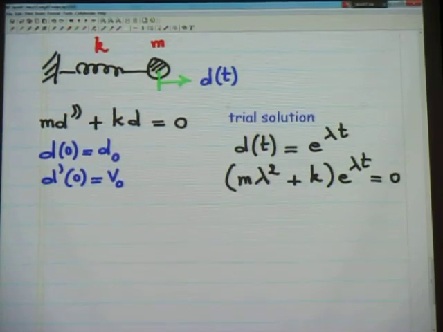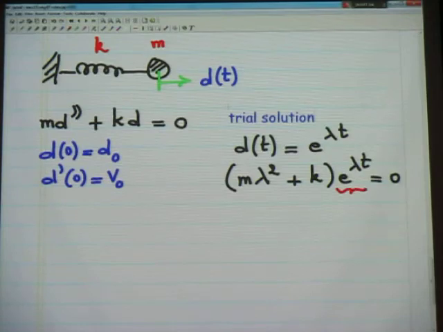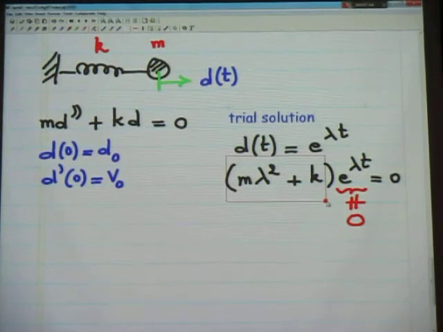So what's the next important step? The next important step is to say that the exponential of lambda t is never 0. Therefore, this factor here has to be equal to 0.